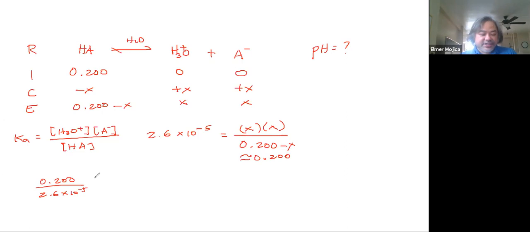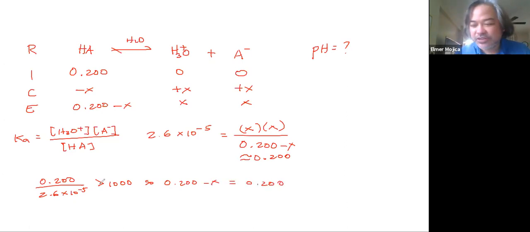If it's more than 1,000, then we could say this one is just equal to 0.2. So what do you get? I think this is more than 1,000, right? 0.2 divided by 2.6 times 10 to the negative 5 is around 7,000.